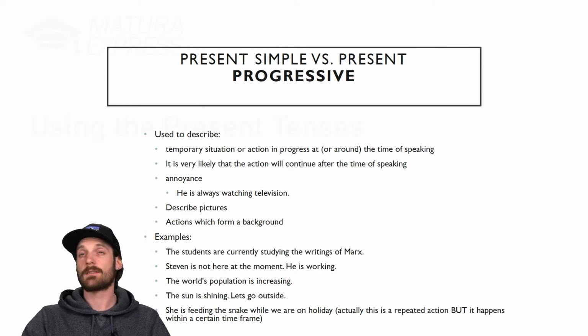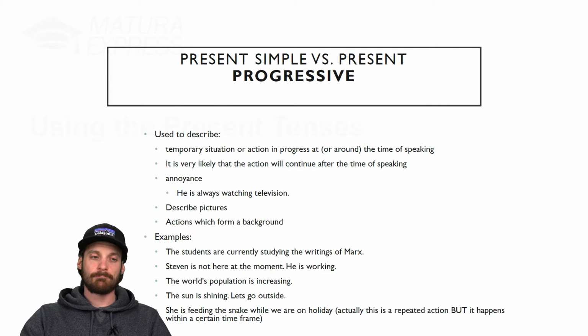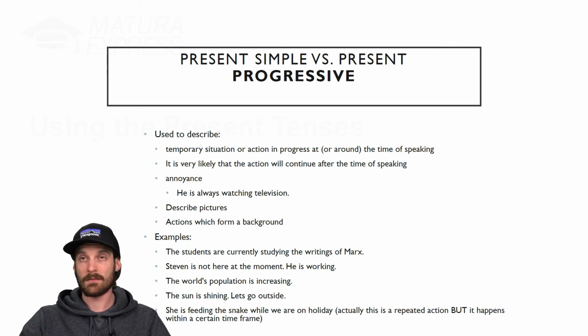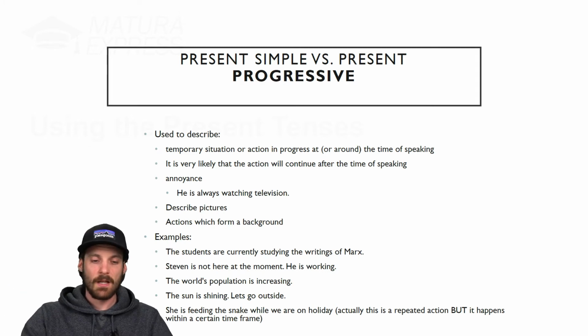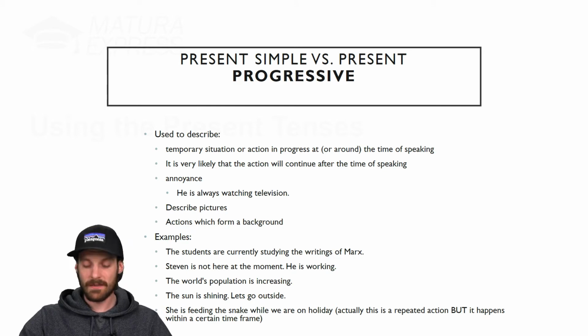Or, of course, a very common way to do progressive and simple exercises for pupils is to use background actions, which are normally the longer actions, used with progressive.